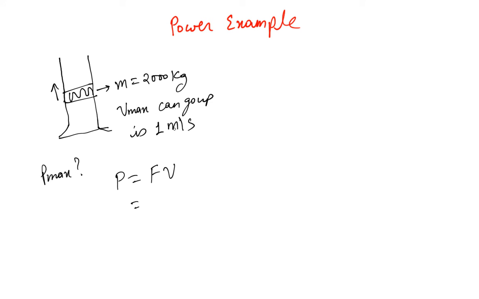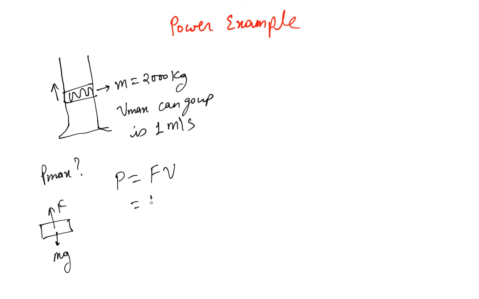Well, it's going with a constant velocity, so this lift has to overcome the force of gravity. So all the time this lift has to apply a force like this, such that it's overcoming the gravity. So this is the force it has to apply, and this is the velocity with which it's moving.